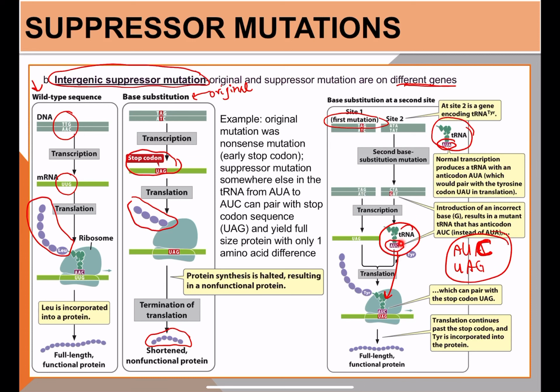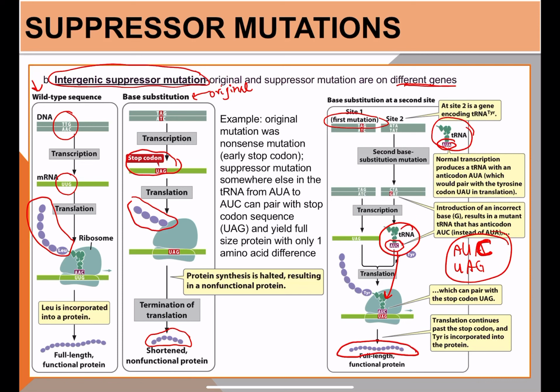And hence, instead of stopping the protein translation process, this has brought in an amino acid, tyrosine, okay, in there, and then the protein continues chugging down the road and continues the normal translation process until it reaches its actual termination sequence, which is your actual stop codon. So you end up with still the full length protein that's done after translation.